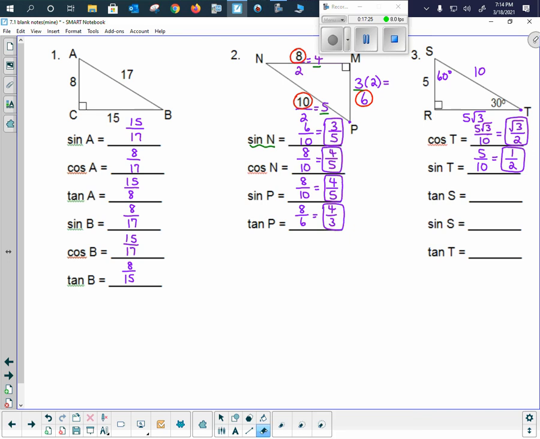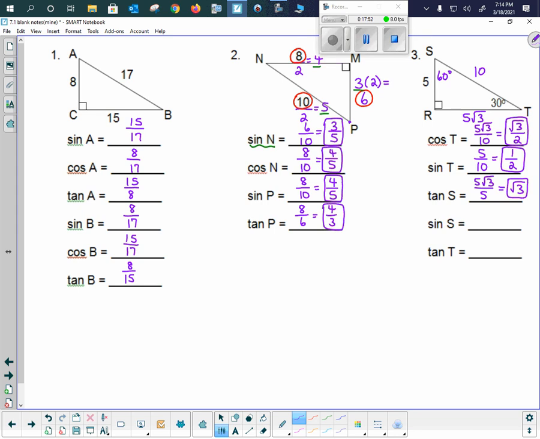I'll just let you look at where you're standing. From s, tangent being opposite over adjacent. Opposite of s is 5√3, and adjacent is 5. The 5's reduce, right? They would be 1 times √3, which is just √3. There's your final answer.